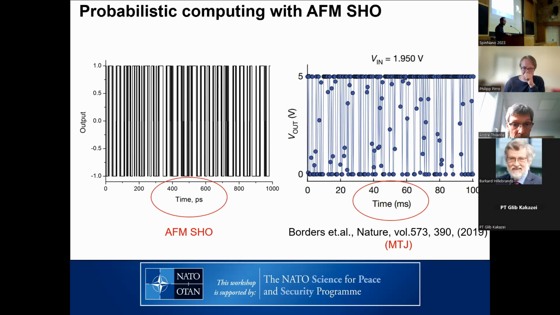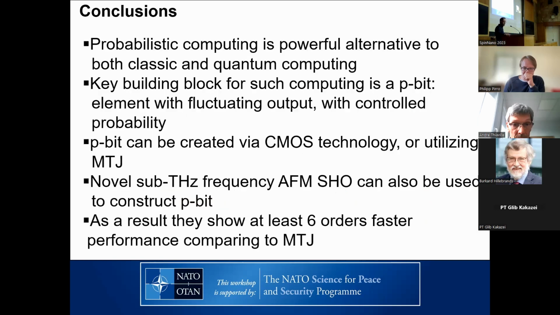It's 6 orders of magnitude faster. With such fast probabilistic logic, it's basically revolutionary. It can revolutionize everything. Indeed, magnetic tunnel junctions are already working, and they are already fabricated. Antiferromagnetic spin Hall oscillators are not yet fabricated, but we believe it will soon be done.